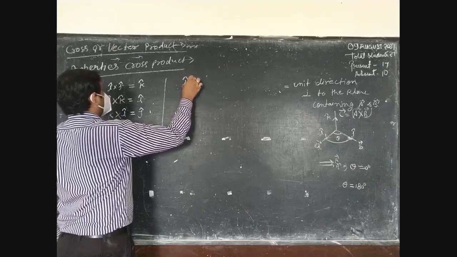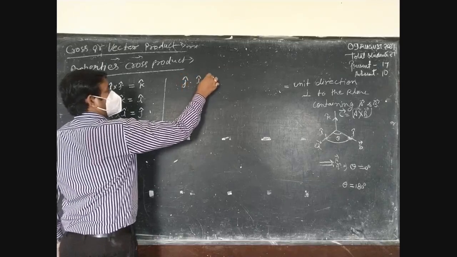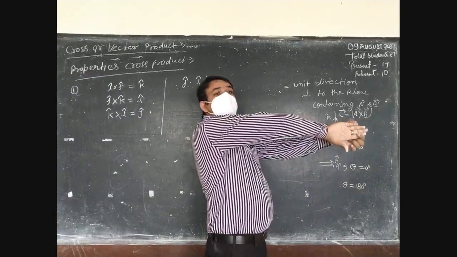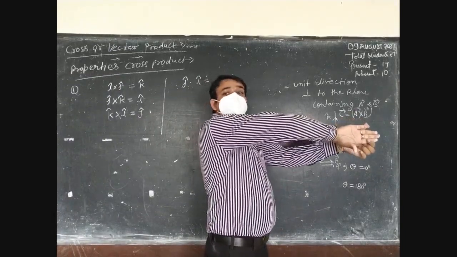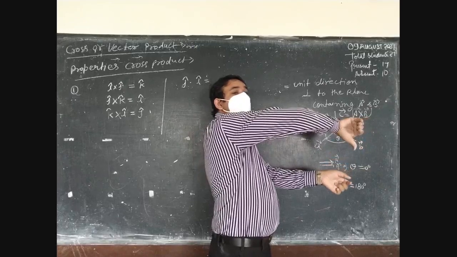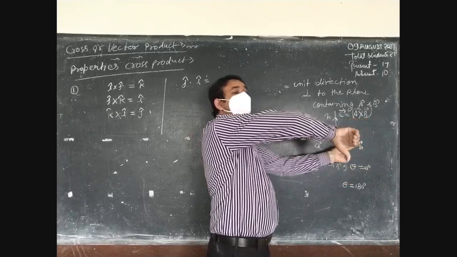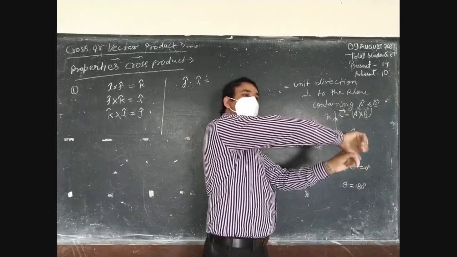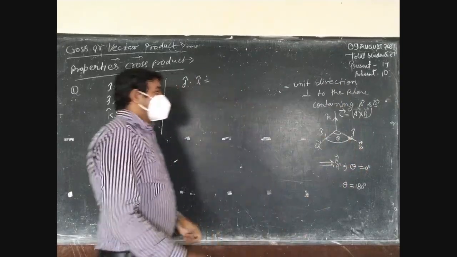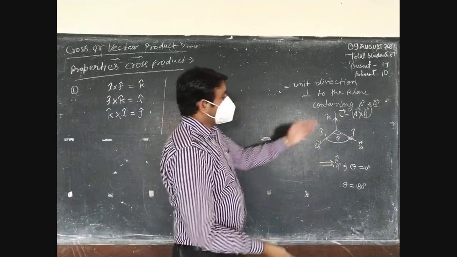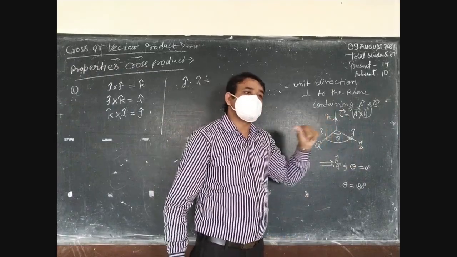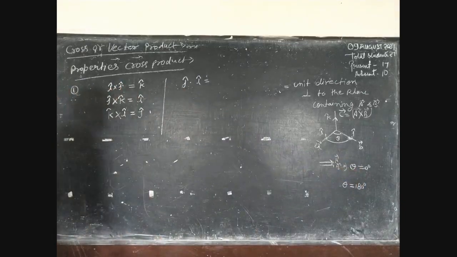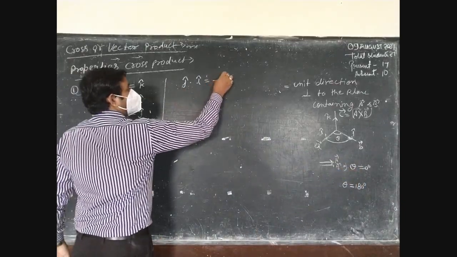j cap cross i cap. When we reverse this, the facing of the finger is towards your side, we find the curling of the finger from B to A, the direction is also reversed and we get the resultant in the downward direction. If we take the upward direction of k as positive, the other direction needs to be taken as negative, so we get minus k cap.